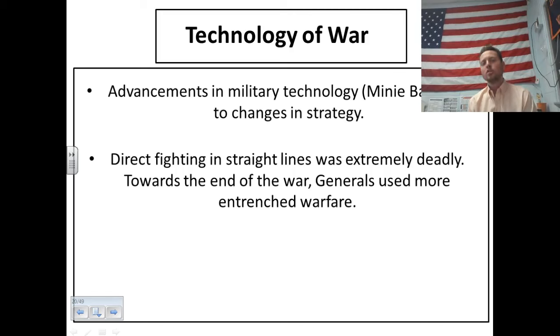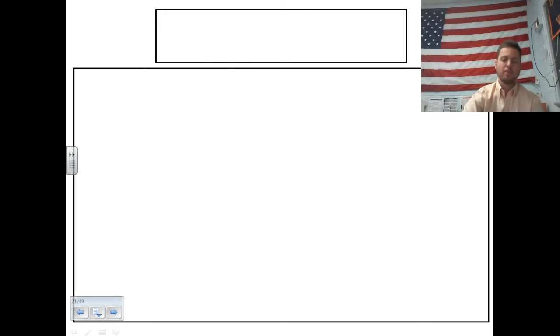It took the generals a while to figure this out, but by the end of the war, generals used more entrenched warfare. Straight line fighting was one of the worst ideas because of the advancements in military technology. Beautiful. Let's go to the next one.